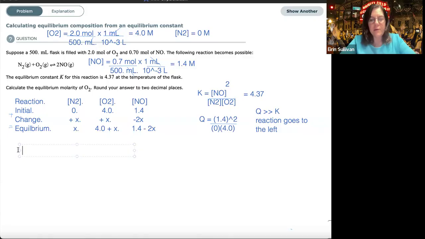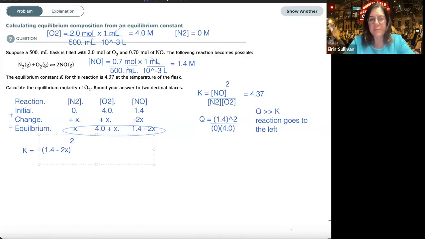I'm going to substitute into my equilibrium constant expression. So K equals the concentration of nitrogen monoxide squared. These are the values I'm talking about substituting. The equilibrium concentration of nitrogen monoxide in terms of X is 1.4 minus 2x, and do not forget your stoichiometry, so that is going to be to the power of 2 because of the square in my equilibrium constant expression.